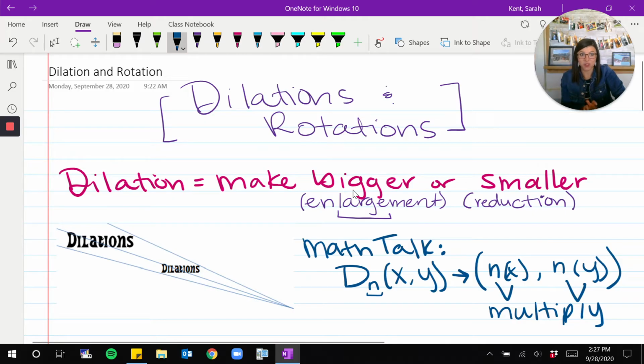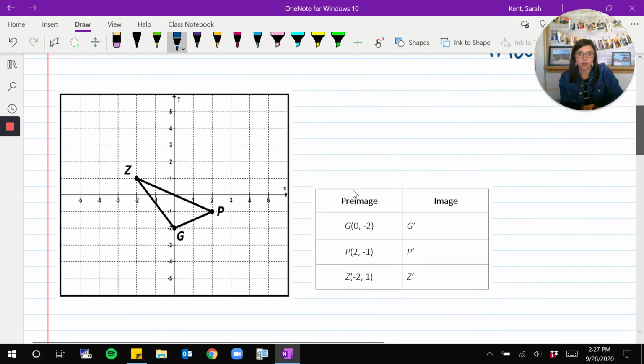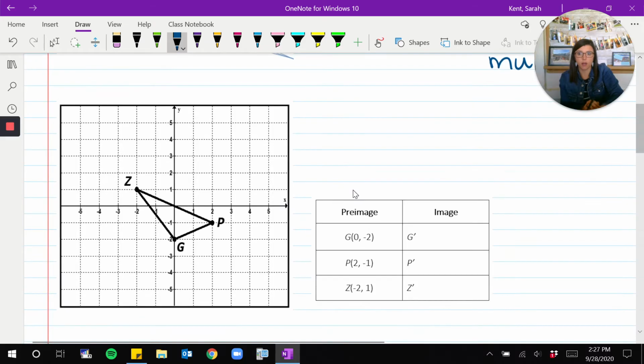Okay, so let's look at an example of a dilation. Here we have our shape, our triangle, and they gave us the ordered pairs. And then here is the rule.